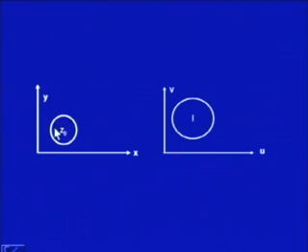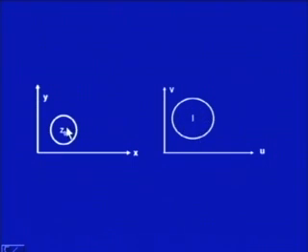This is a circle of radius delta centered at z naught, and this is a circle of radius epsilon centered at L. Whenever we have a point in this neighborhood of z naught, correspondingly we have the point f(z) in this circle.